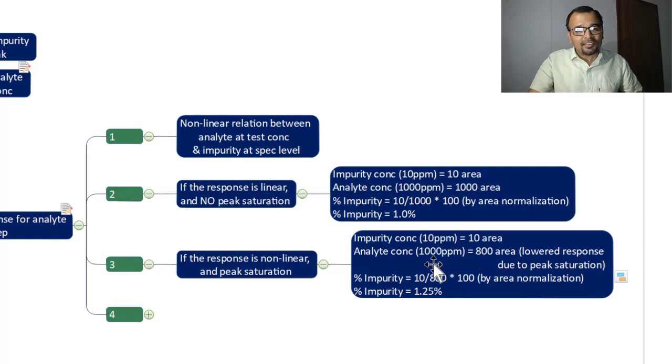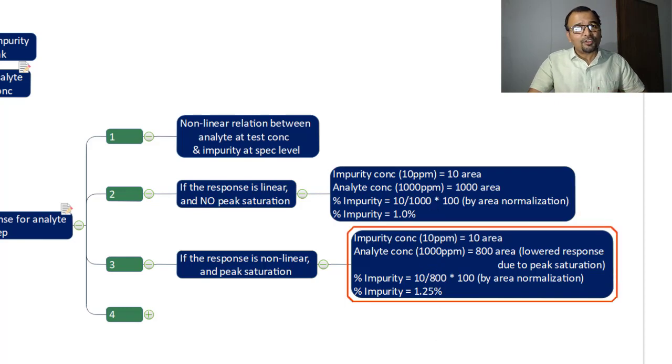But in this case, there is a saturation happening because of the non-linear response, you will end up getting only 800 peak area instead of 1000 peak area, which was observed when there is no peak saturation and linear response. So if you calculate the percent impurities now, you will end up with 1.25%, which is actually a 1% impurity content in the given sample.